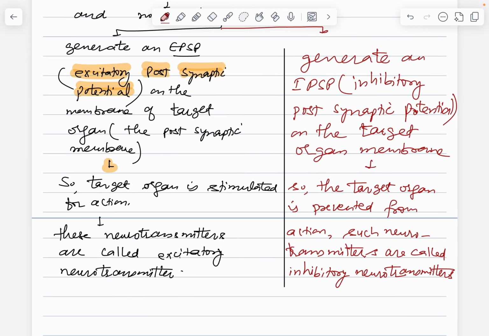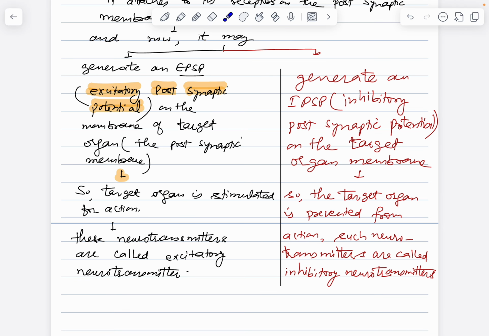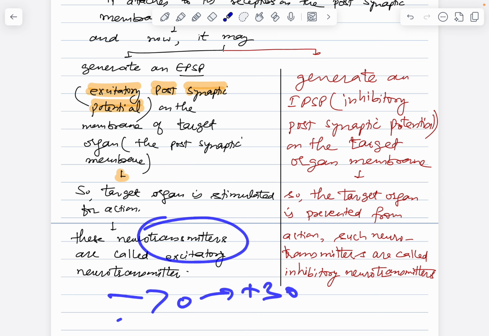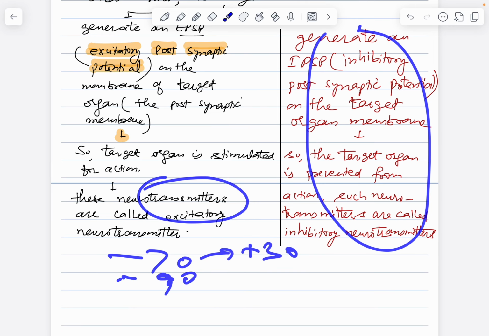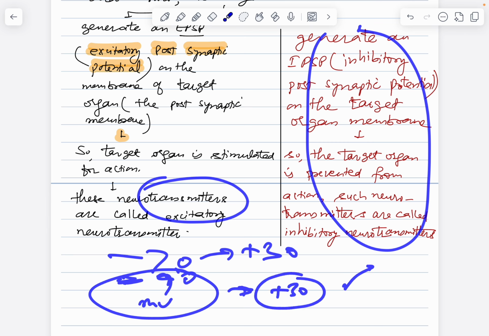Because an excitatory neurotransmitter is capable of raising the potential from minus 70 to plus 30. But if by releasing an inhibitory neurotransmitter, you have already dropped down the potential to minus 90 millivolt, raising it from minus 90 to plus 30 obviously is going to be more difficult. Over here, how much total change do you require? 100 millivolt, from minus 70 to plus 30.